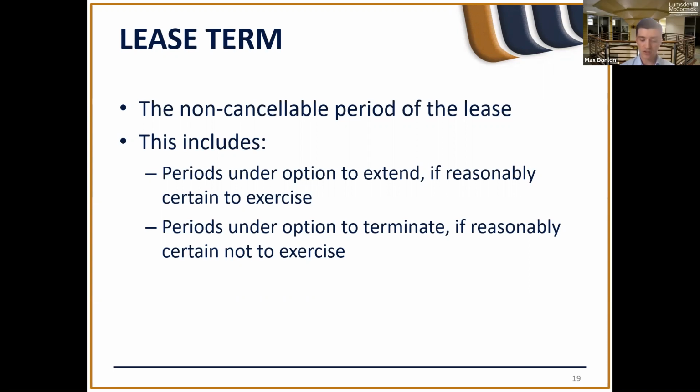Some things to consider when determining lease term: if the option to extend is controlled by the lessor, then I would assume extension of the lease. Or the contractual terms of leaving early, are there penalties associated with leaving the lease term early? How about the importance of the lease or the property to the lessee?